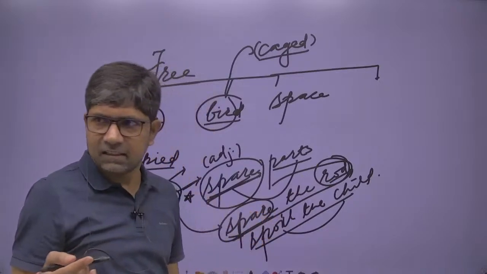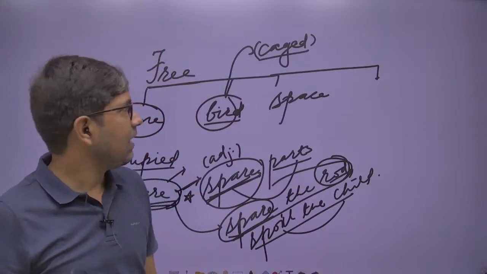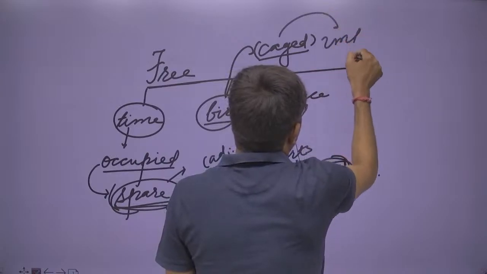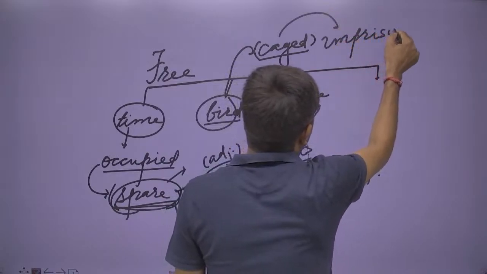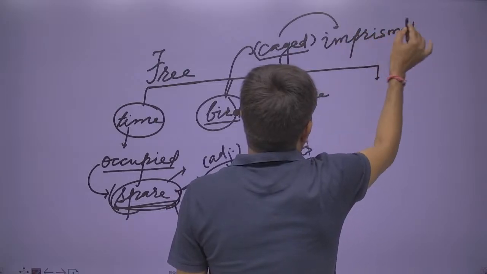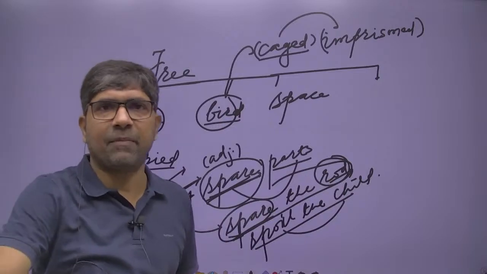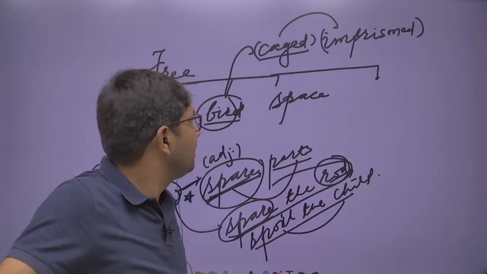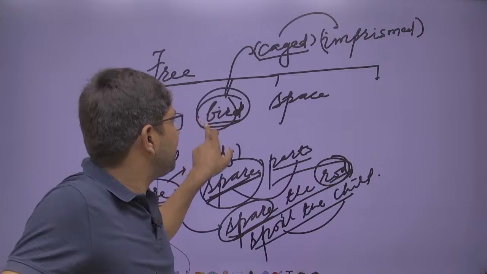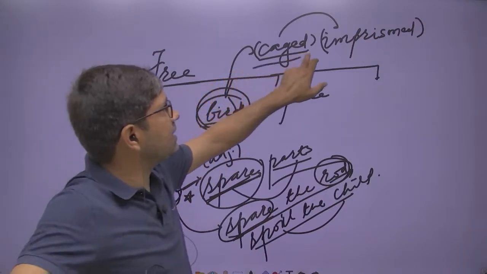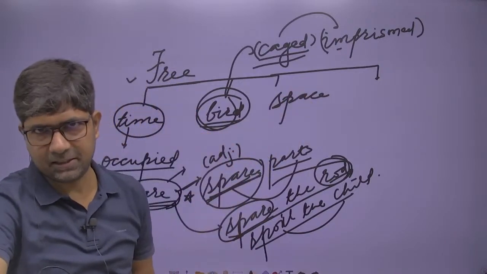Caged means it is imprisoned, क्योंकि वो तो कैद में है ना. So if somebody is not imprisoned, somebody is not caged, it means that's a free bird. So opposite of free is caged or imprisoned.